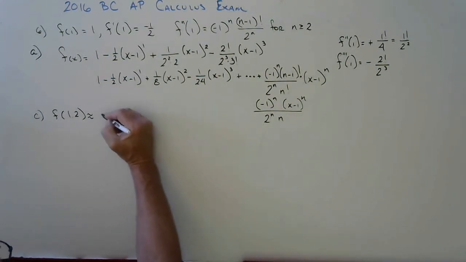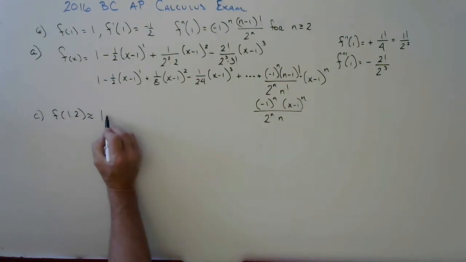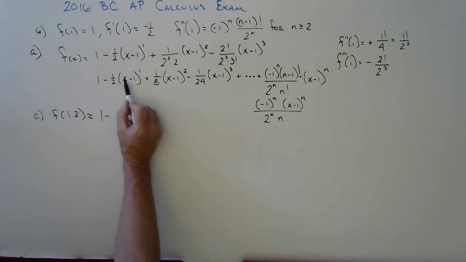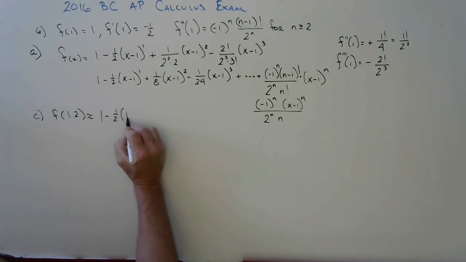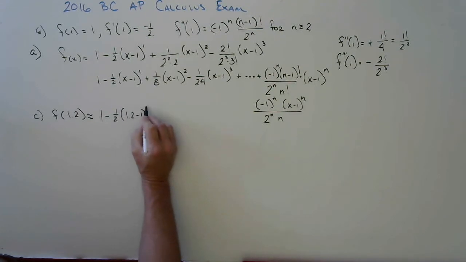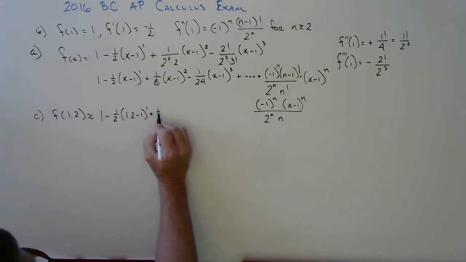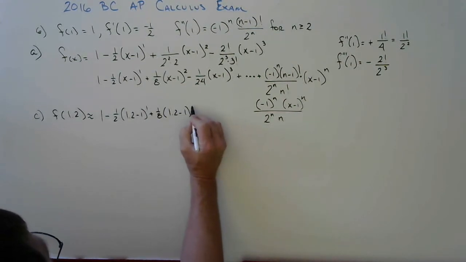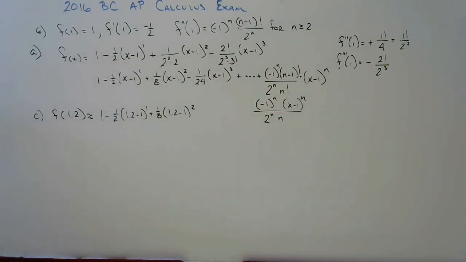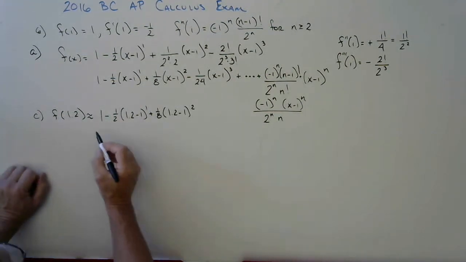So that's going to be 1, right? That's a non-zero term. Minus, we could write it out. It's going to be 1/2 times (1.2 minus 1) to the first plus 1/8 times (1.2 minus 1) squared, right? That's what we're going to find for our first 3 terms. And what do we get there?